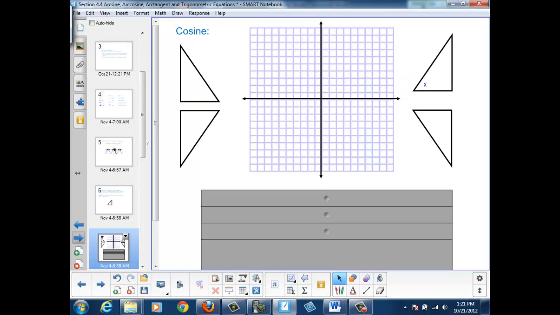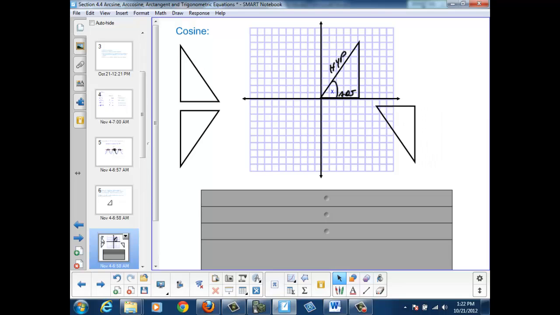Let's take a look at the cosine graph. I'm going to draw or place a reference triangle in the first quadrant, which will allow me to get my first solution, or my inverse cosine solution, for an expression involving cosine. Now I have to determine which quadrant will give me a reference triangle that will produce the same adjacent over hypotenuse situation.